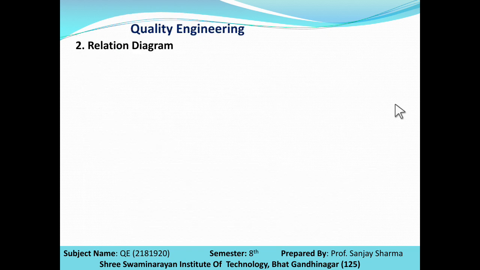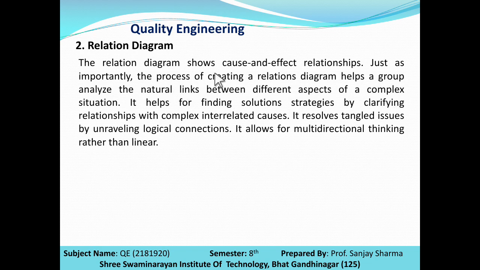The second is the relation diagram. The relation diagram shows cause and effect relationships. The name itself says that it shows the relations between the cause and the effect. Just as importantly, the process of creating a relation diagram helps a group analyze the natural link between different aspects of a complex situation.